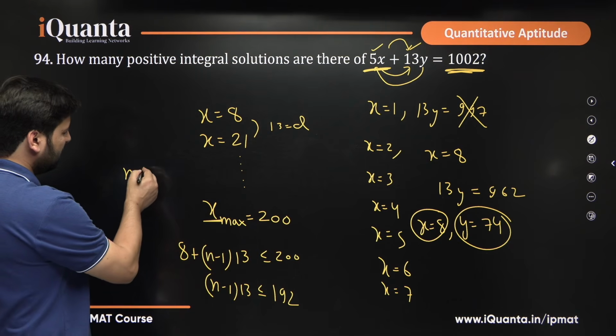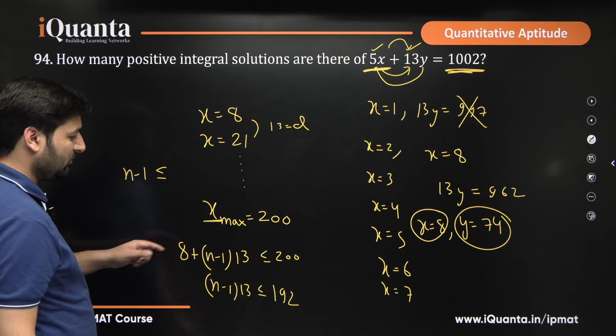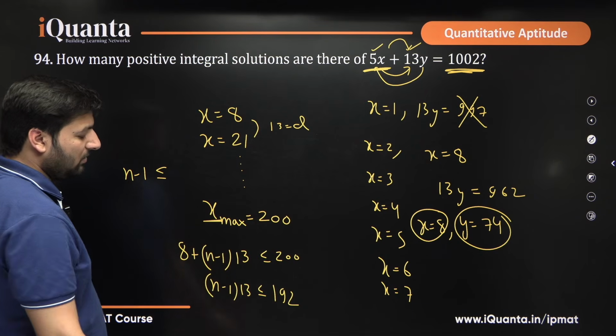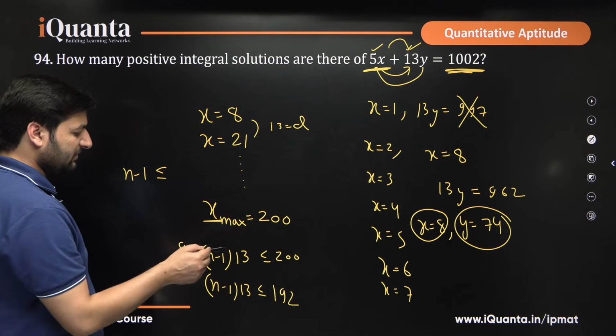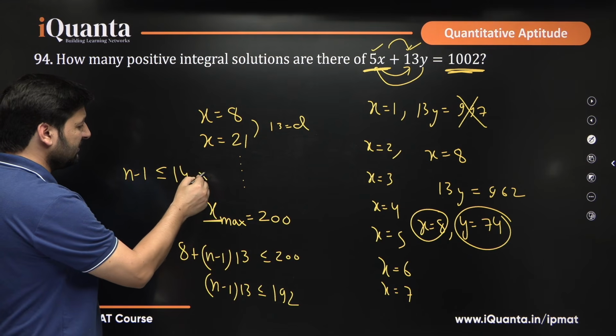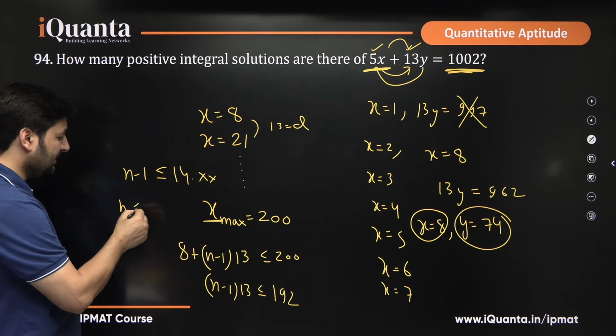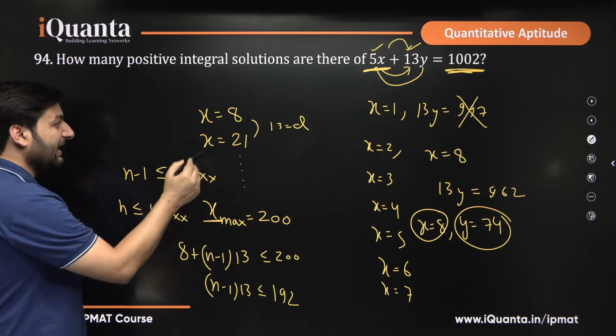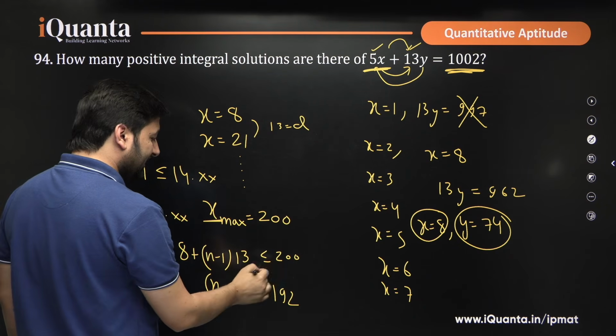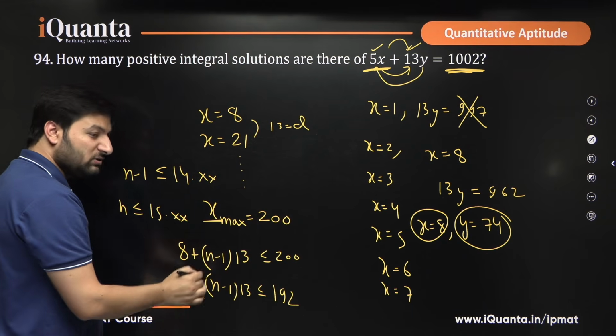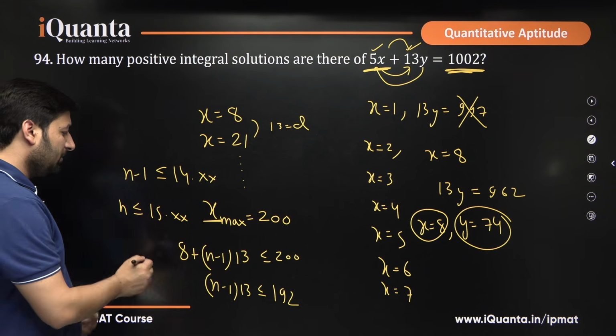So, n minus 1 will be less than or equal to what? 192 upon 13 is 14 point something, isn't it? So, n will be less than 15 point something, and because n denotes the number of terms, it must be a pure integer.